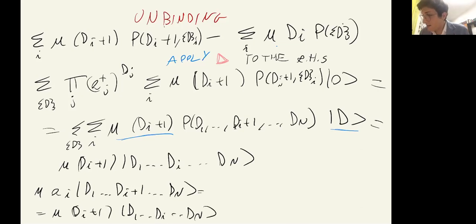As you can see, this has been rewritten in terms of raising and lowering operators, as these two are exactly the same. So we can write all of this simply as U a_i times the vector d.